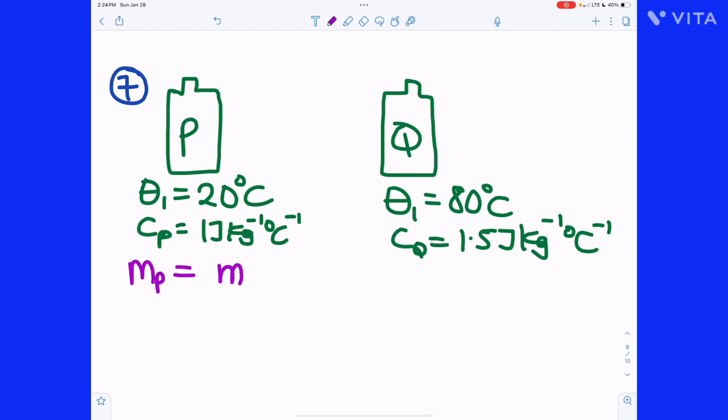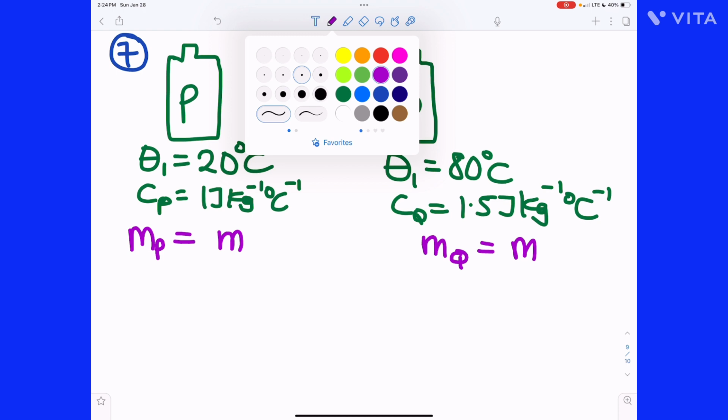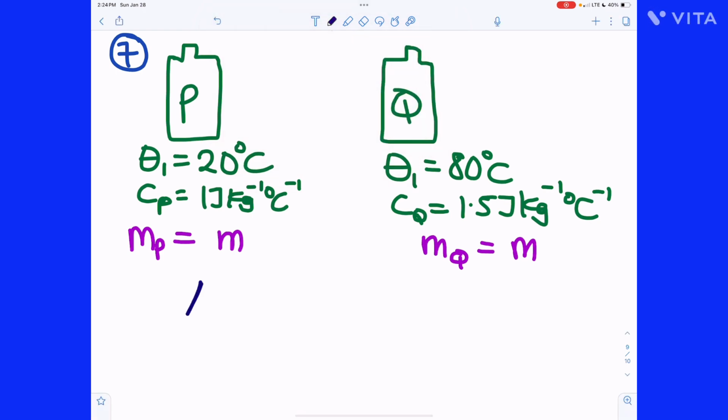Okay, so mass of P is M, mass of Q is also M, and both were mixed. When both are mixed, because they are not at the same temperature and their specific heat capacities are not the same, heat will be lost by one or gained.